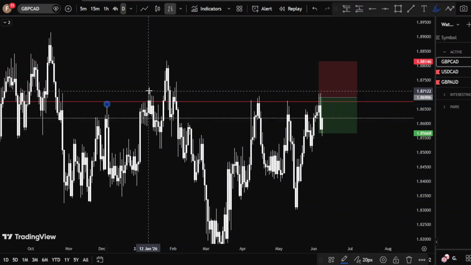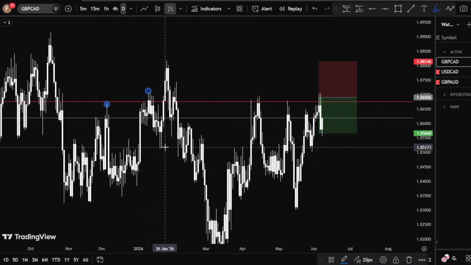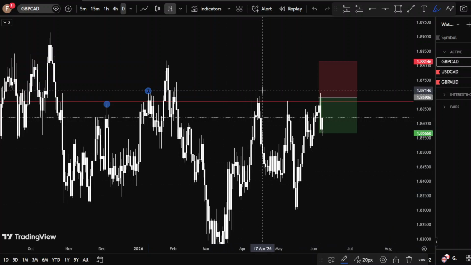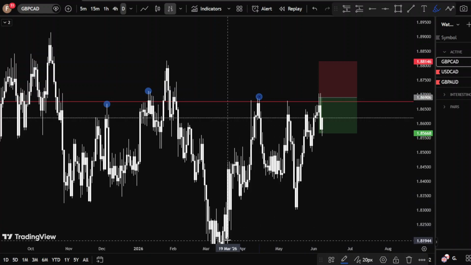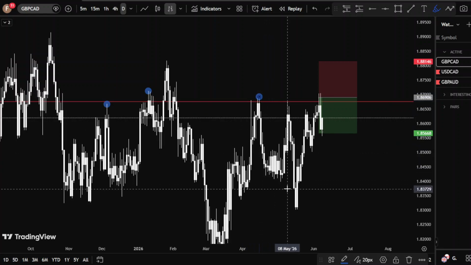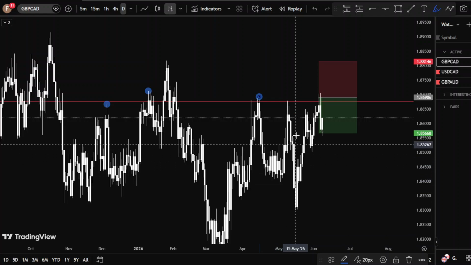Same thing again here. Price came up here and it started to go down. Same thing happened here. This is very clear. It comes up here and it starts to go down again. It starts to bounce. Same thing again here. It comes up here and it starts to bounce.